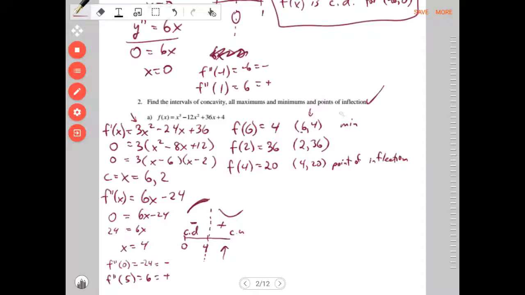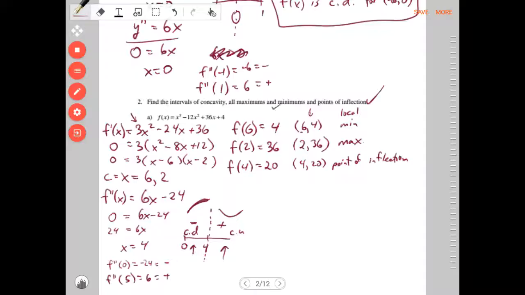Typically these are local minimums, but anyways, it didn't really ask that, just minimum, maximum, so that's a minimum. Okay, and then 236, see, that's in this region here. That's in the concave down portion, so this guy is a local maximum.